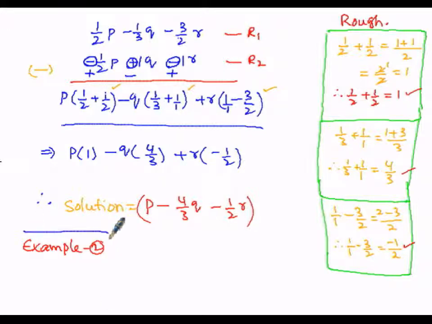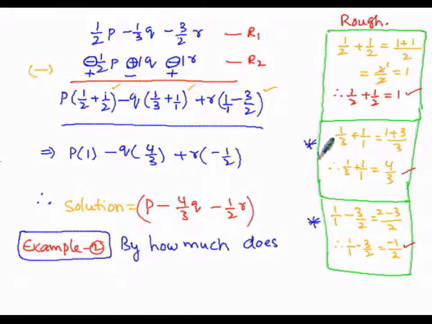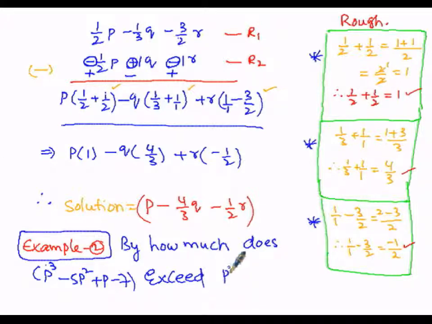In this example number 2: by how much does the expression p cube minus 5p square plus p minus 7 exceed minus p cube minus 12p plus 8?